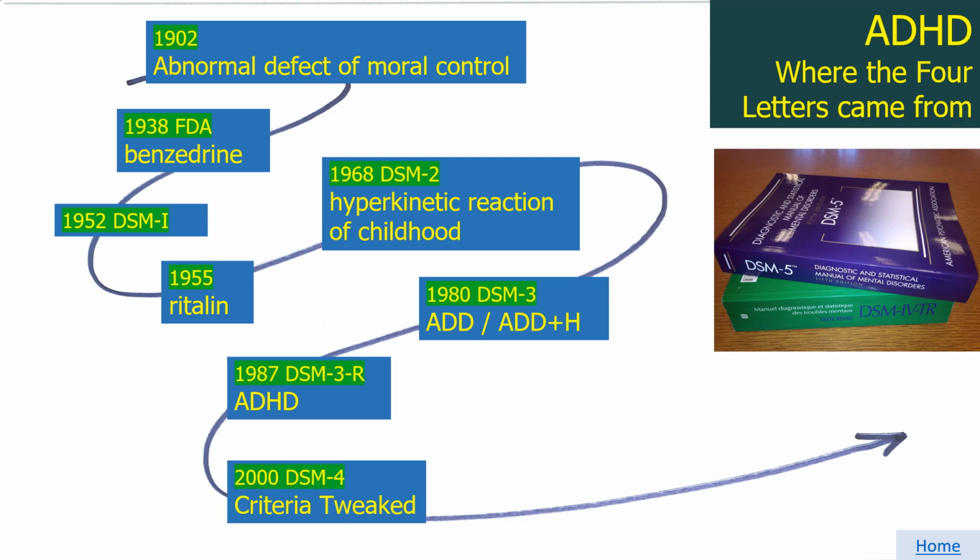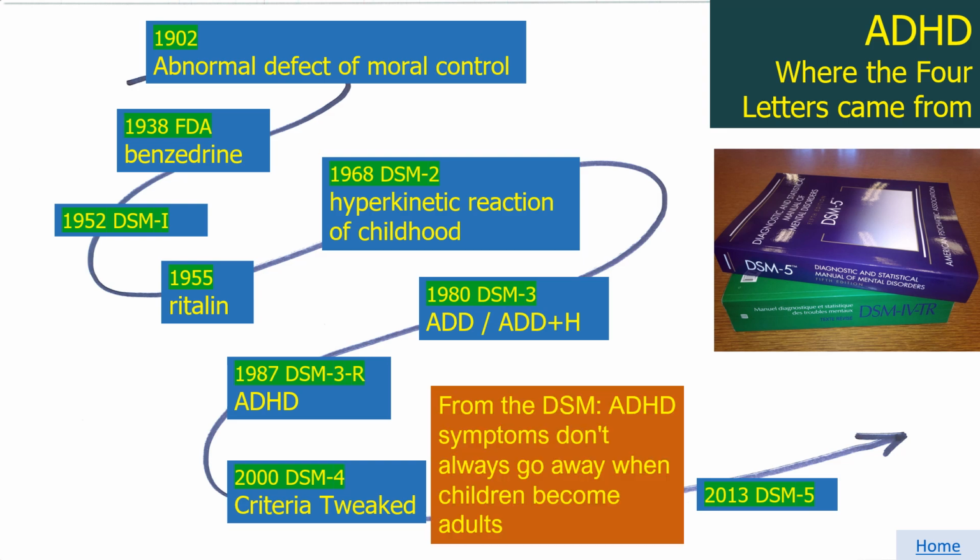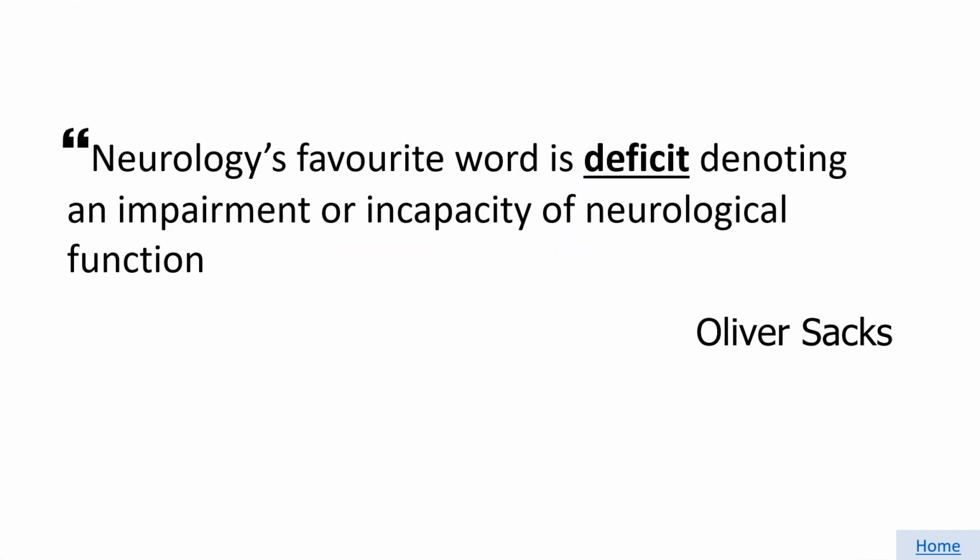Moving on, the criteria were tweaked, 2000, and they were also fine-tuned subtly again in 2013. Just a note that from the DSM, these last 2 editions, it is specific. The symptoms don't go away when children become adults. So that's where we're at today. We're looking at adult ADHD, just where it comes from and thinking about it.